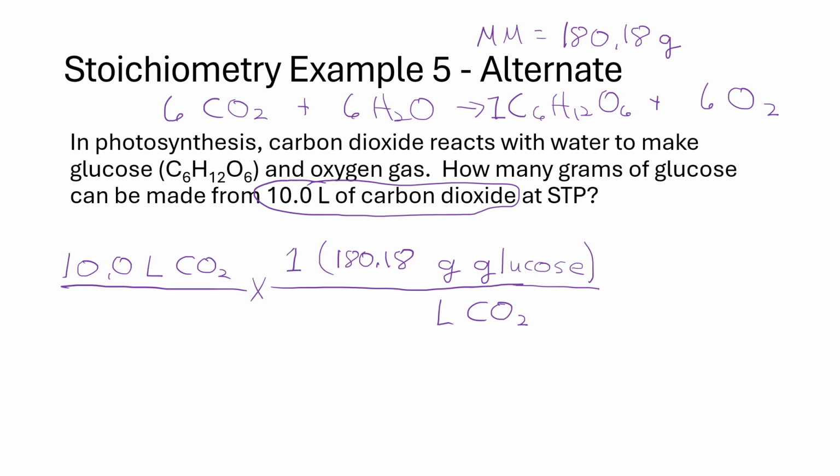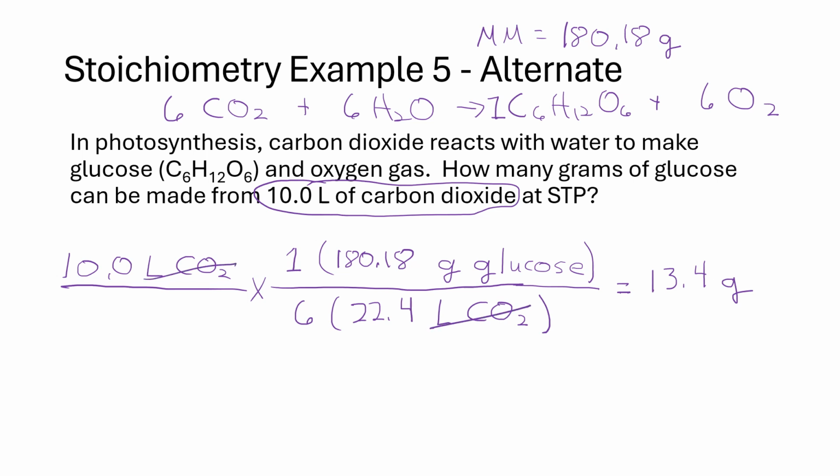Down on the bottom with liters of CO2, the number on the mole triangle is 22.4, and the coefficient in the balanced equation on CO2 is a 6. And if I run all of those numbers through my calculator, I'm going to get 13.4 grams. Yeah, it really is grams of glucose.